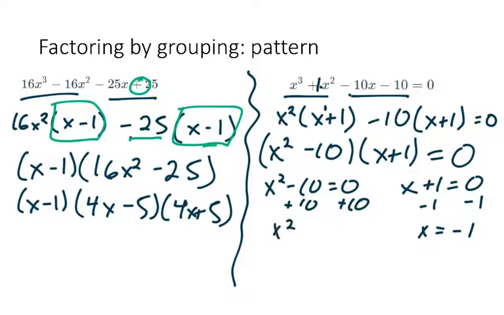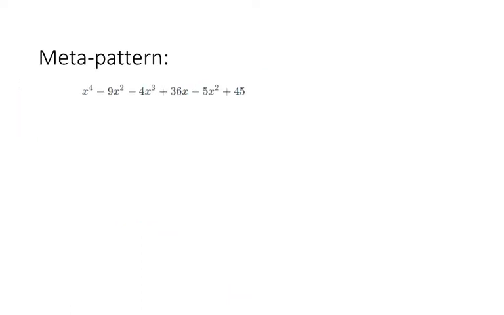So that's x squared equals 10, square root. But remember, this is going to be a plus or minus square root of 10. So this is going to end up having 3 roots: plus root 10, minus root 10, and a negative 1. So that's the pattern. Let's look at the meta pattern.